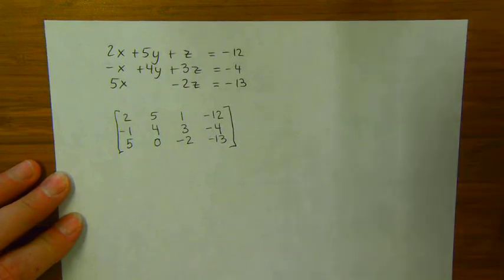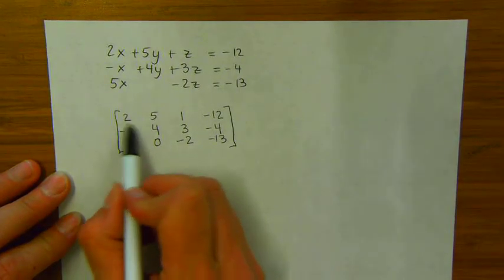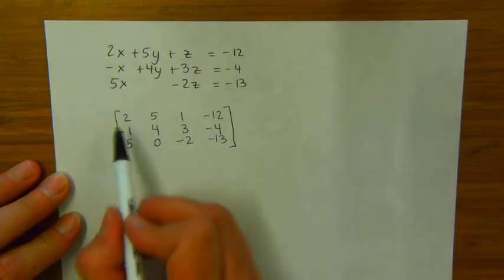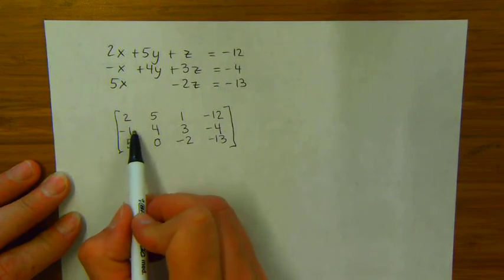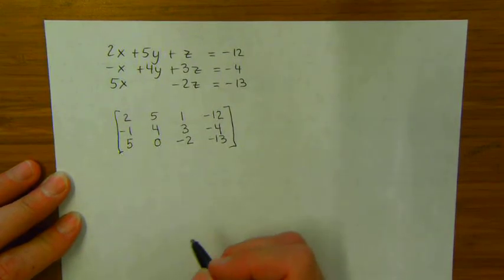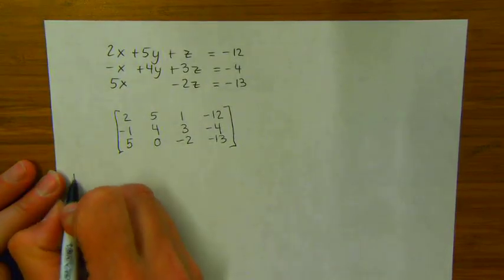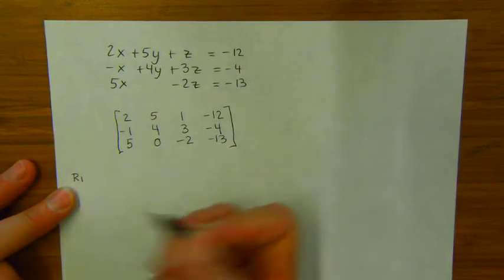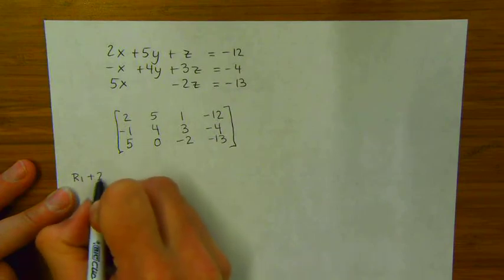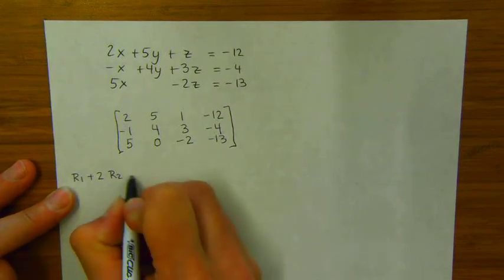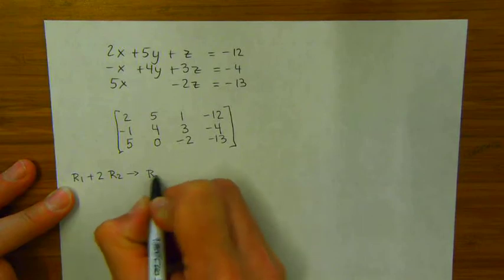Okay, so in order to eliminate our x value over here, we're going to use the first and second row. We're going to multiply the second row times 2. So we're going to do row 1 plus 2 times row 2, and we're going to put that back into row 2.